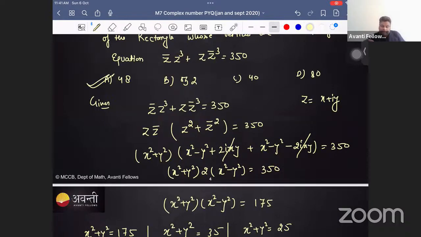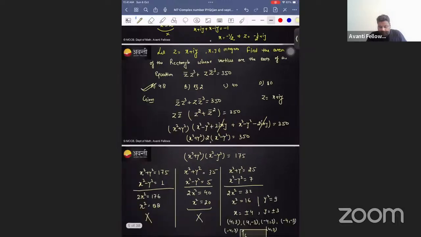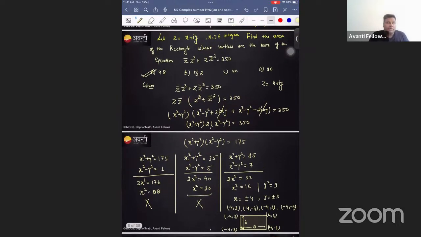Have a look at it. Again, absorb it, note it down. Very good question it is. This question came in JEE Advanced 2009.